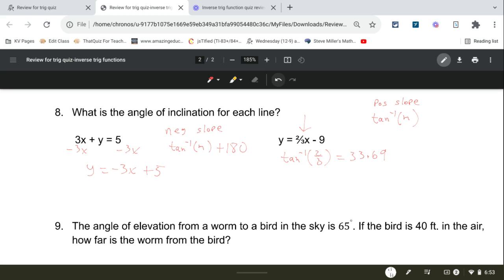So we're going to do tan inverse of negative 3, and then whatever answer that is, we'll plus 180. Tan inverse of negative 3 is negative 71.56, plus 180, and you get 108 degrees. That's good for this one.